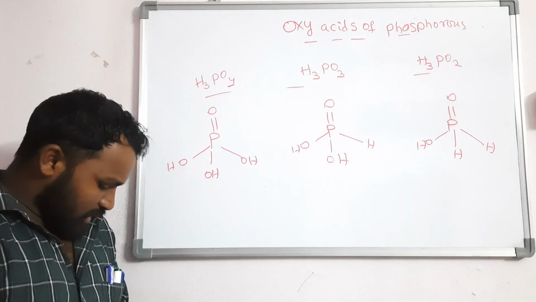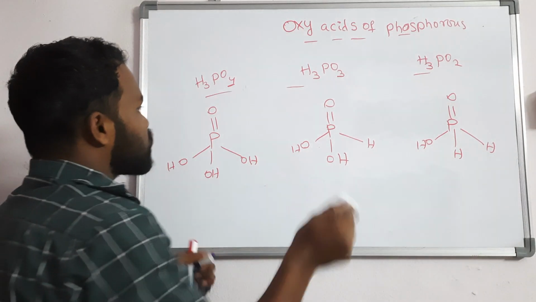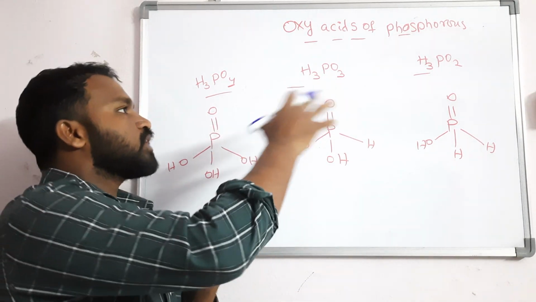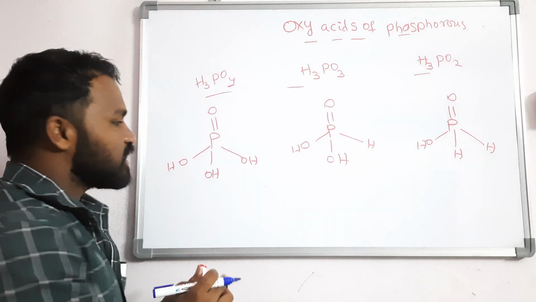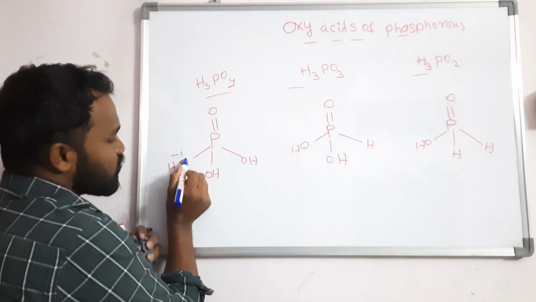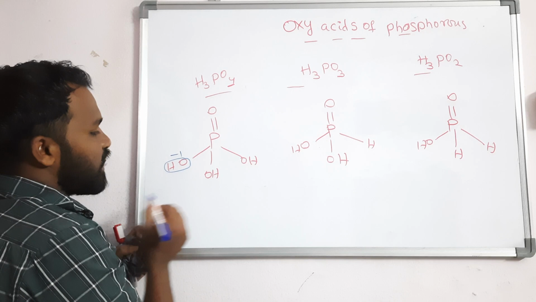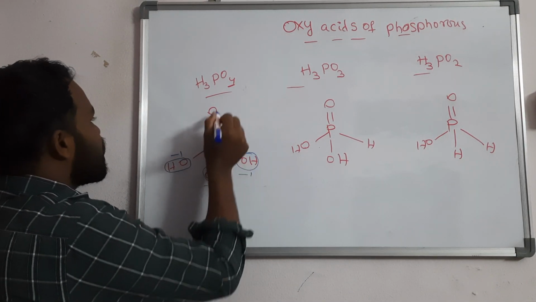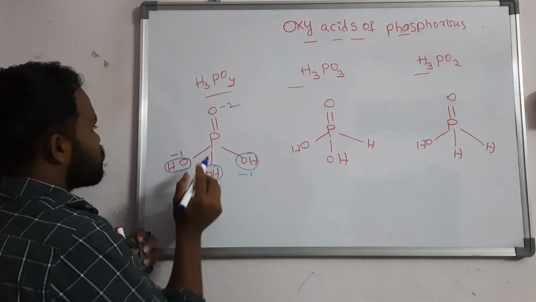Now we will discuss the names and oxidation states of phosphorus. After that I will give a complete flow chart on how to remember these oxyacids. So here I am going to take this OH. The oxidation state is -1, this is also -1, this is -1. The general oxidation state of oxygen is -2.